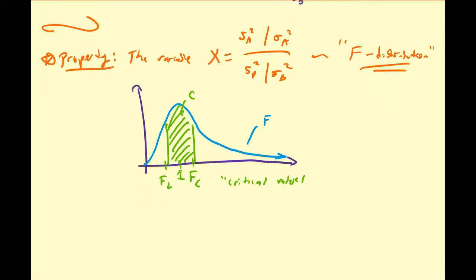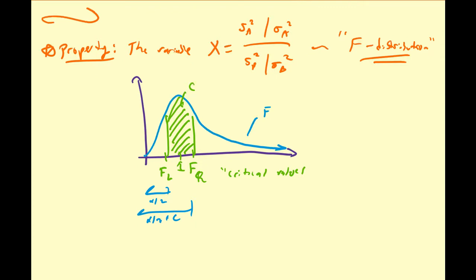If you want to use Excel to calculate these numbers, according to this picture, alpha over 2 is going to be to the left of FL, and alpha over 2 plus C is going to be to the left of FR. Let me correct that.